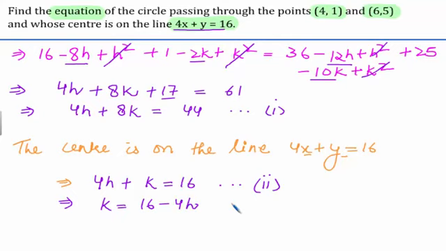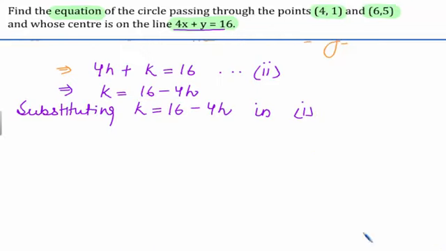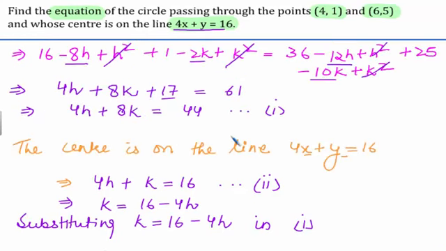Now substituting the value of k, (16 minus 4h), in equation number 1, we get 4h plus 8 into k, and k is 16 minus 4h, is equal to, on the right hand side, 44.